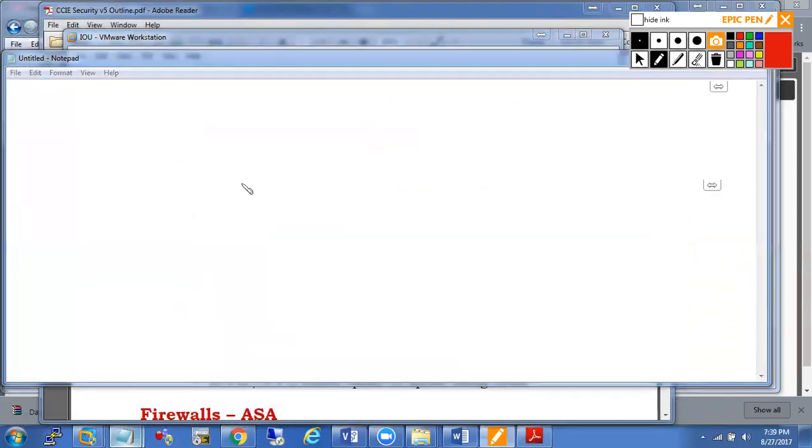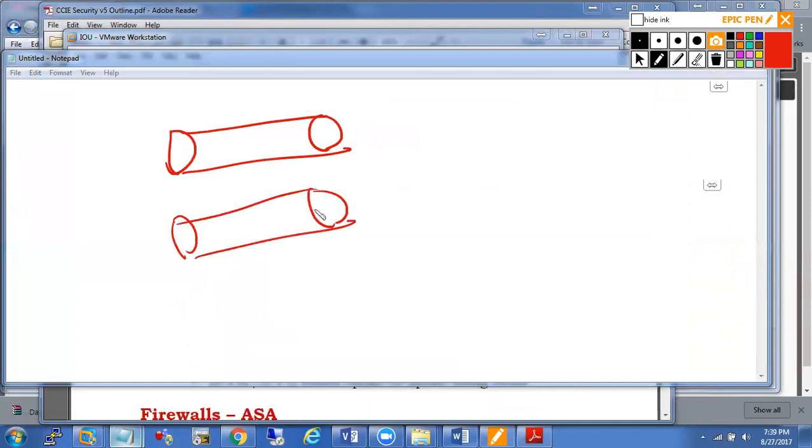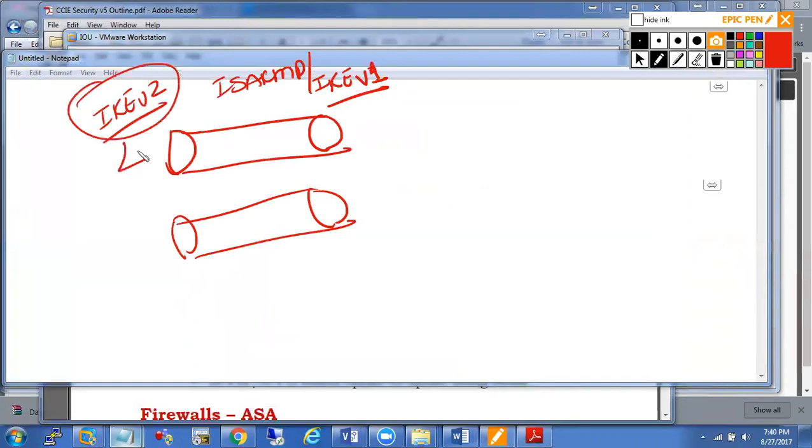First thing, again, you have 2 tunnels that we have talked about. Tunnel 1, tunnel 2. IKEv2 is a replacement for ISAKMP, which was also called IKEv1. So whatever we're going to do is only pertaining to what? This tunnel.